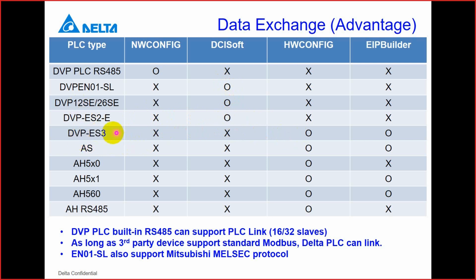And then you can see for most of the new devices, we can do the data exchange function under hardware config. If you still remember, only some PLCs can work as Ethernet IP scanner or master, so only in these models can you use EIP Builder to collect the data.